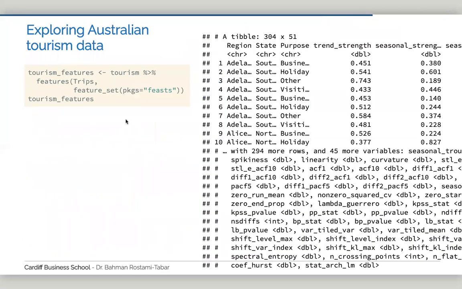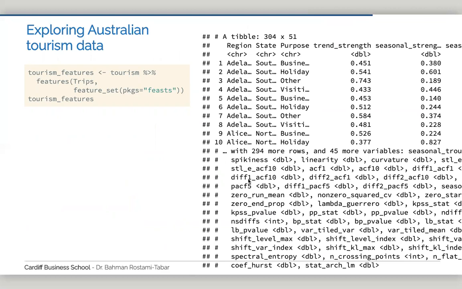So what happens here is, instead of providing a function that tells you which of these features you want to extract, is it related to ACF or STL or PACF, if you provide this, basically, this will extract all the features of the time series.